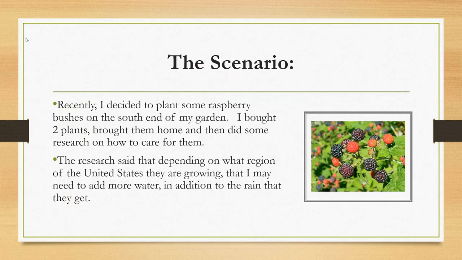So here is the scenario. I love gardening, so I decided to make my scenario about plants. Recently I decided to plant some raspberry bushes on the south end of my garden. I bought 2 plants, brought them home, and then did some research on how to take care of them.